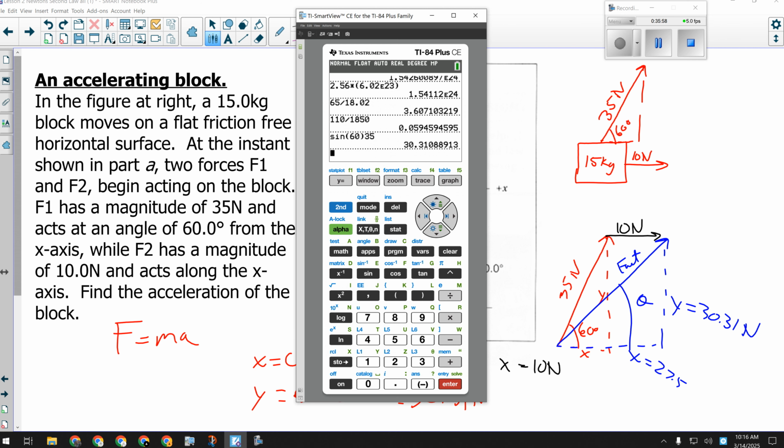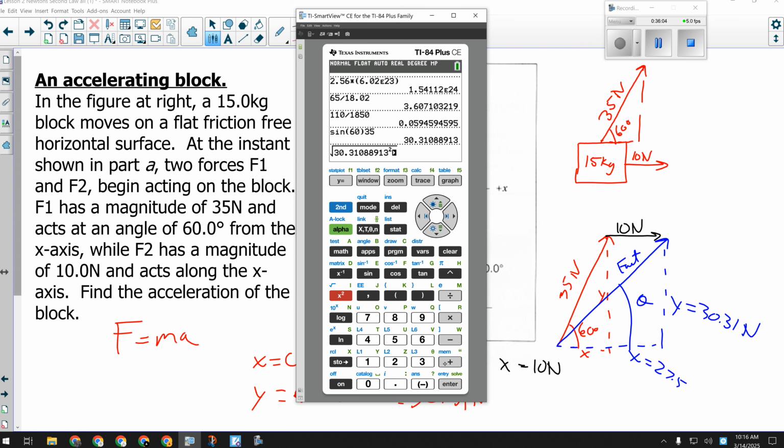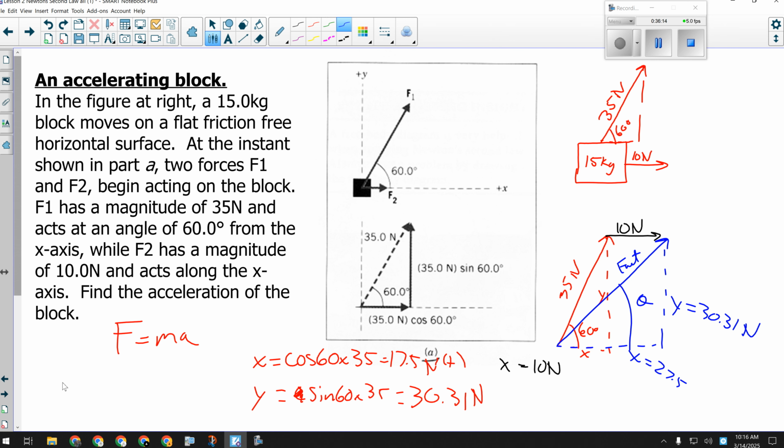Okay, so we'll have the square root of that number there squared plus 27.5 squared. Okay, so there's my net force, 40.93 newtons. That's the magnitude. I still need the direction, right?